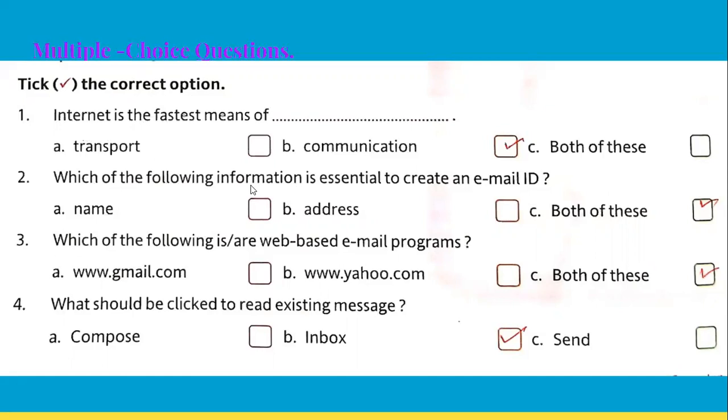If you want to create the email ID, what do you need? You need your name and your address also. So both the things are needed. The correct answer is both of these because both are required.